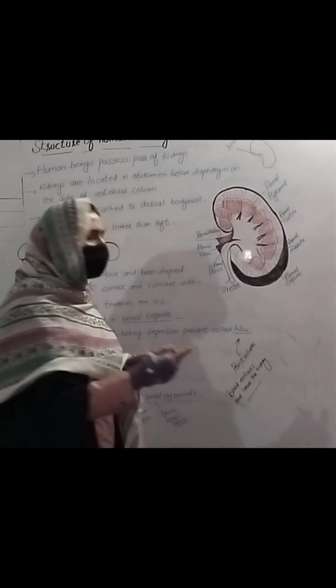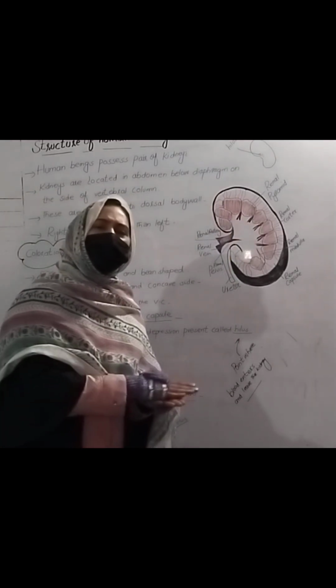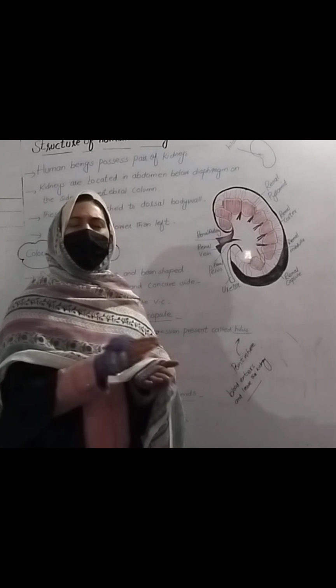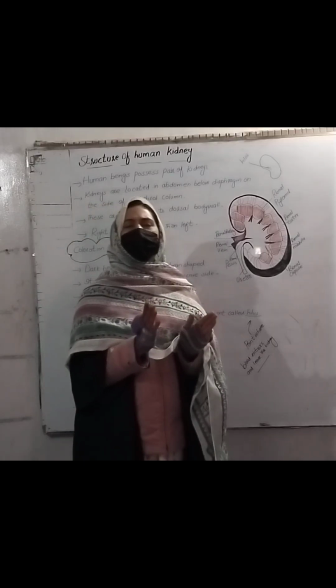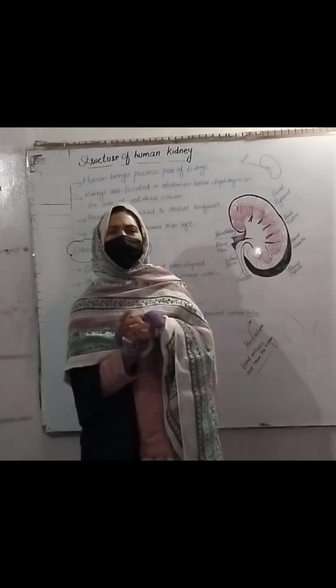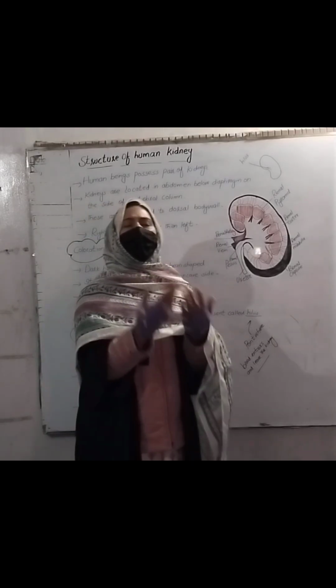Hilus is the point where blood enters and leaves the kidney by means of renal arteries and renal veins. They carry blood into the kidney and move it away from the kidney.